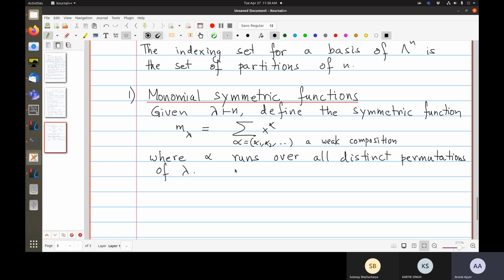So you take lambda and you run over all of these weak compositions.